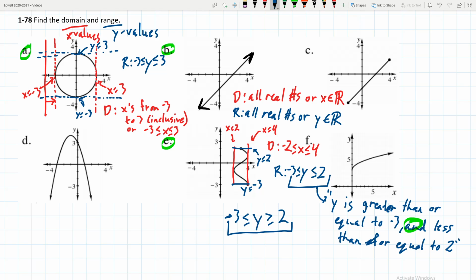Because if I use that same logic and translate this to plain old English, this would say y is greater than or equal to -3, like you said before.